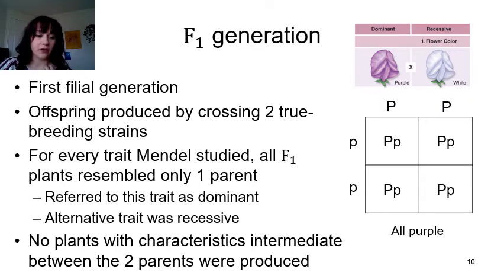And so we know in this example, because all of the offspring are purple, that tells us that the white flower color is the recessive trait. If, for example, we cross these 2 plants and they all looked white, that would tell us that white was the dominant trait, right? An important note here, we don't see any intermediate characteristics. We don't see any like light purple flowers, right? It's either purple or white. There's no intermediates mixing.